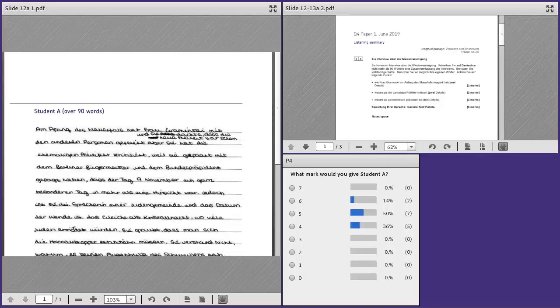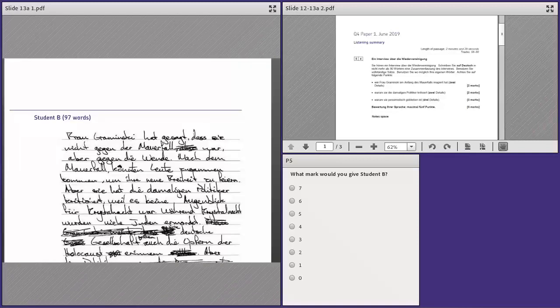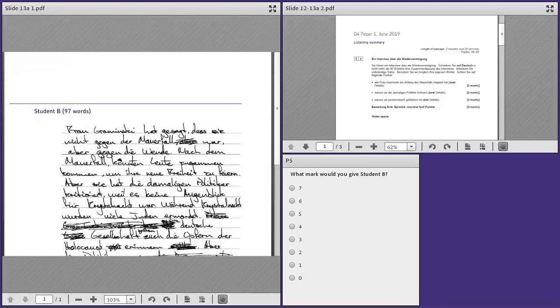Okay, so can we have the student B response and mark scheme on the screen, please? Again, I'll just give you 3 minutes or so to consider your AO1 mark out of 7. So just the content mark.